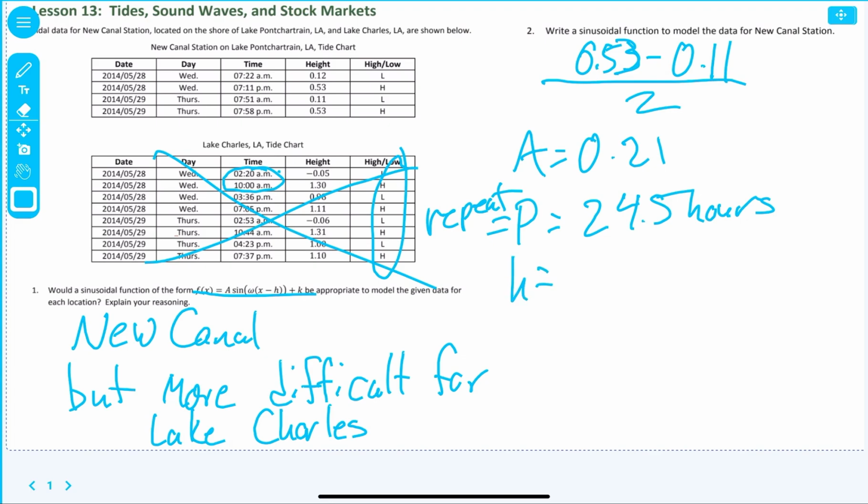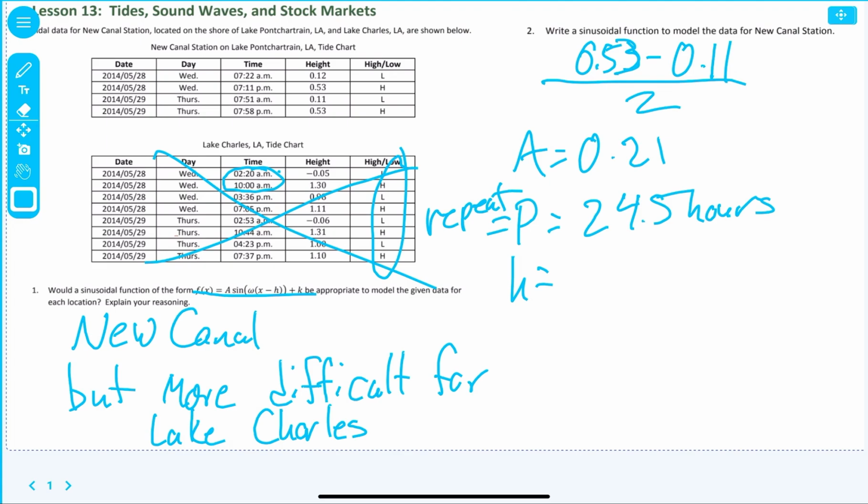H. What is H going to tell us? Okay. Can you speak to me in normal terms? Yeah, we're going to have a horizontal shift, right?